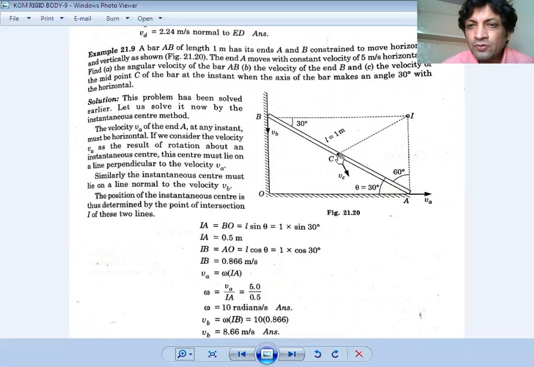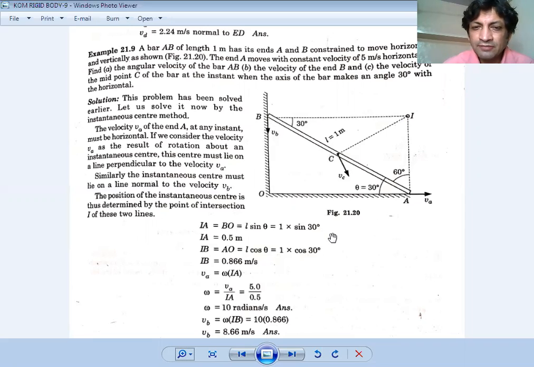We also have to calculate the velocity VC of this point C. So I is now the instantaneous center. It means that to calculate the velocities VA and VB, we must know the values of IB and IA, and also IC.